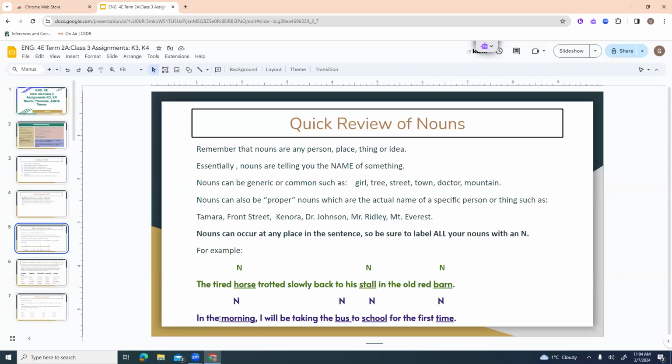So if I said the gray morning, gray wouldn't be the noun, but gray is describing morning. Morning is definitely a noun. Same thing, the first time, first is describing time. So time is also a noun. And then I think bus and school are more obvious. I is a pronoun, not a noun, so I'm not going to label it, okay?